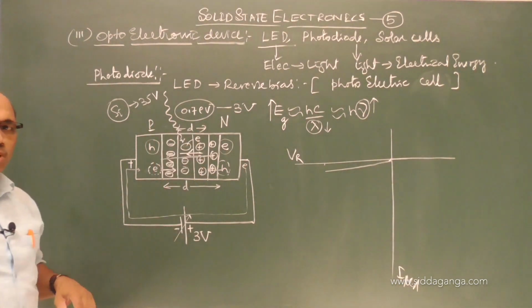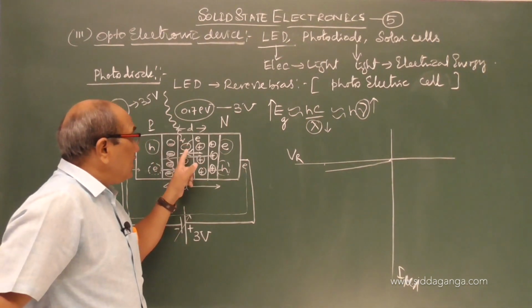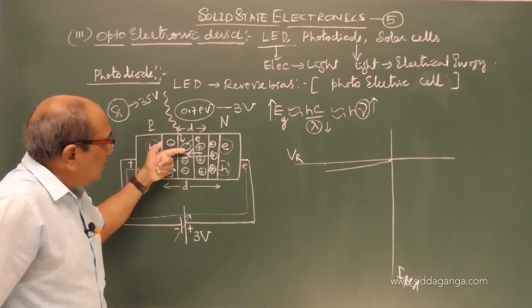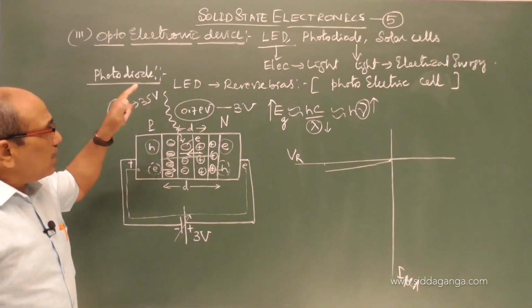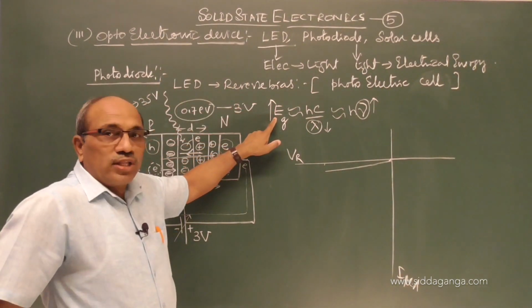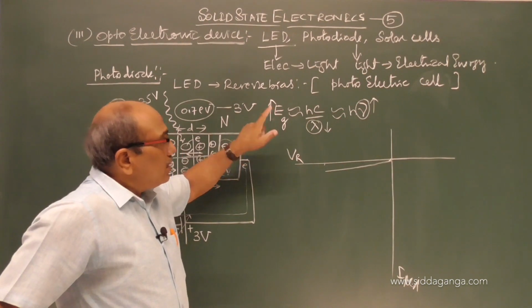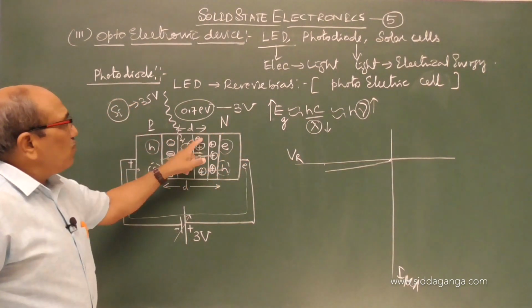An electron-hole pair is generated in the depletion region because of absorption of radiation, when that radiation has energy equal to the band gap, the forbidden energy gap energy.